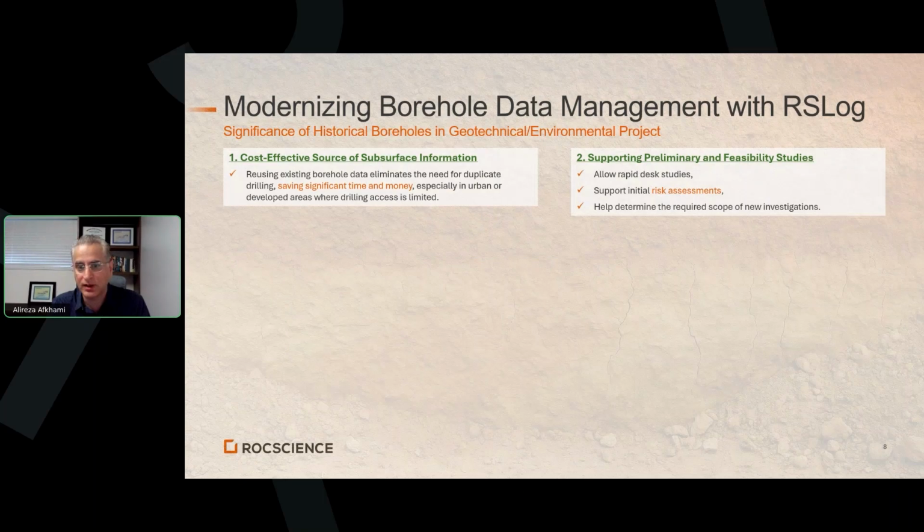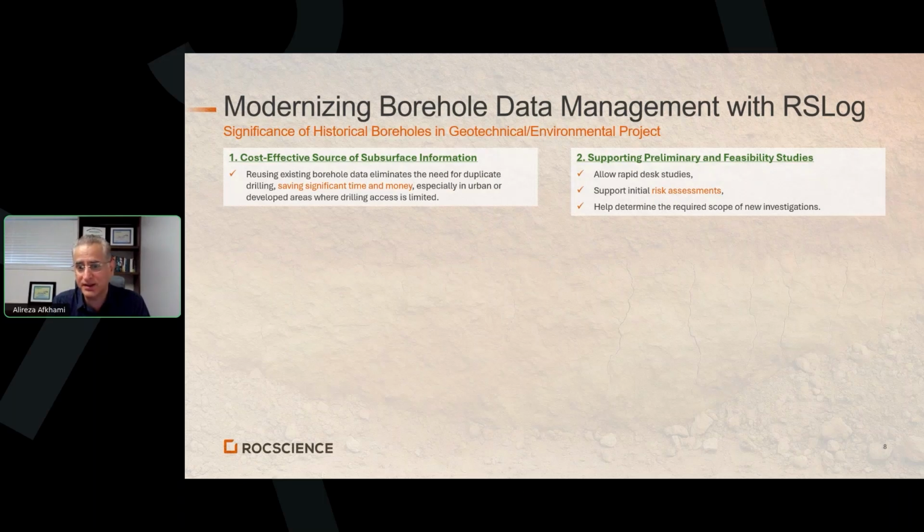The second one is that if you want to do a preliminary or feasibility study, in a lot of these cases the budget is tight, and if you have any previous data, it's going to help a lot, and it will actually put you in a much better position compared to other consultants. And of course, by knowing the problems on that site, you can minimize the risks.